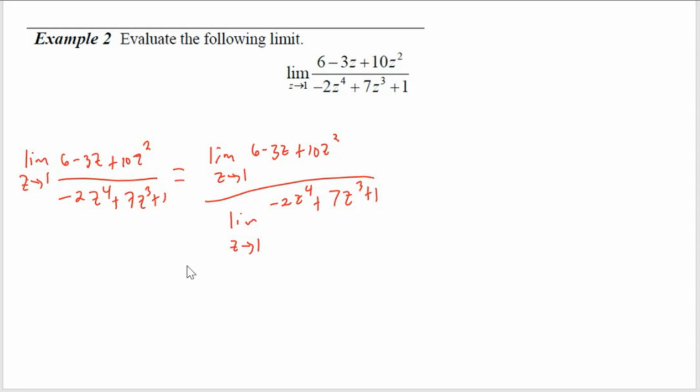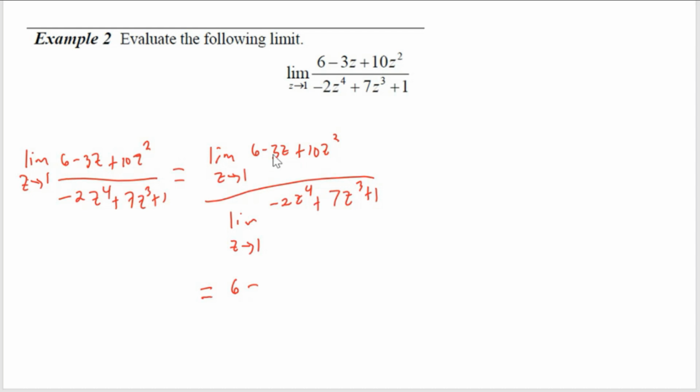So now what is the limit of 6 as z approaches 1? So we have the limit of the first term. The limit of 6 as z approaches 1 is equal to 6 minus, we're trying to do the shortcut now. So we have the next term: what's the limit of negative 3z as z approaches 1?